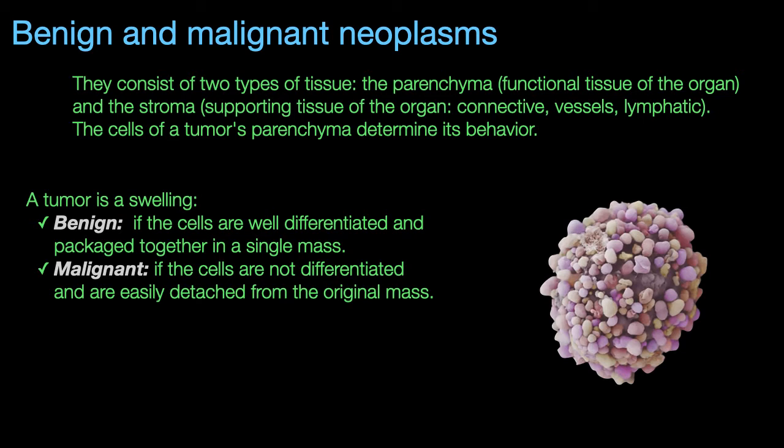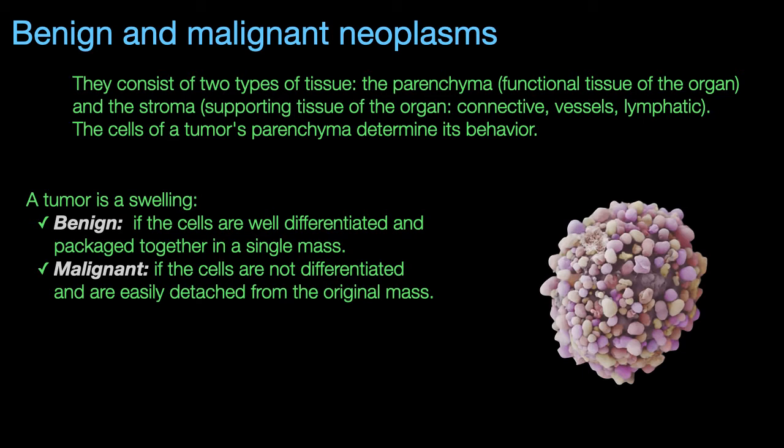And then we have the stroma, which is kind of the skeleton of the organ. So their function is just to support the parenchyma, and also the vessels and the lymphatic vessels that provide for that parenchyma. The cells of a tumor parenchyma are what is going to determine its behavior.